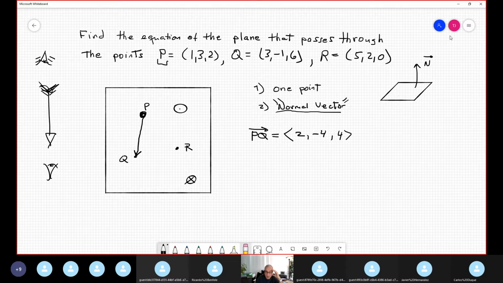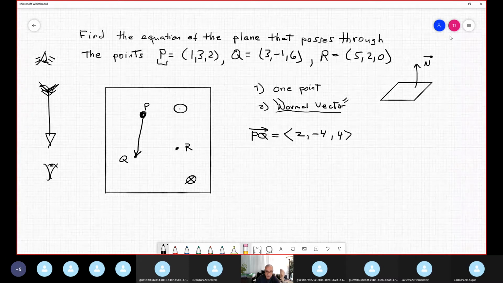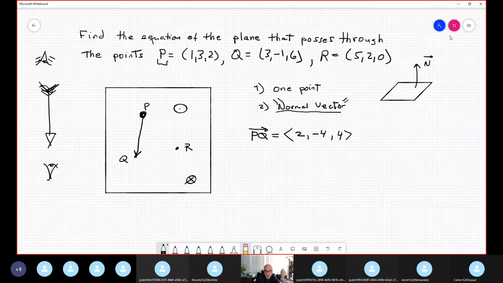Everyone follow me or are you lost? Okay, it's a vector between 2 points. Not a position vector, but a vector between 2 points. When 2 points are given, you subtract the components. In what direction? Well, I suppose Q minus P, because Q is the arrow, P is the starting point.